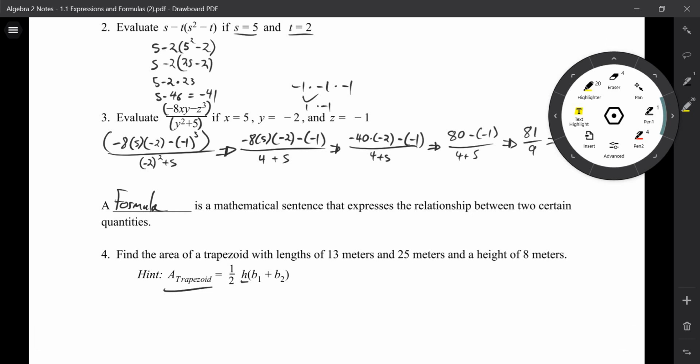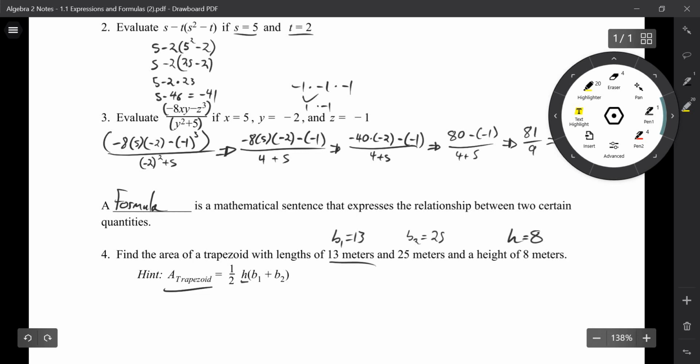In most formulas, when you see an H, that means height. So H is going to equal 8 in this case. B1 and B2 are just the lengths of this trapezoid. So we have B1 equals 13 from right here, and B2 equals 25.